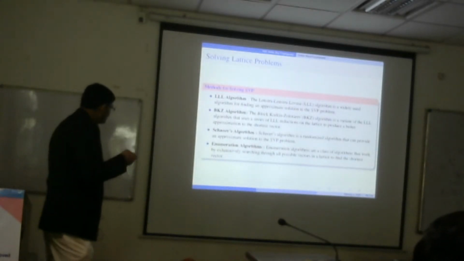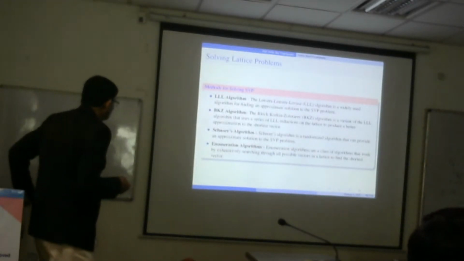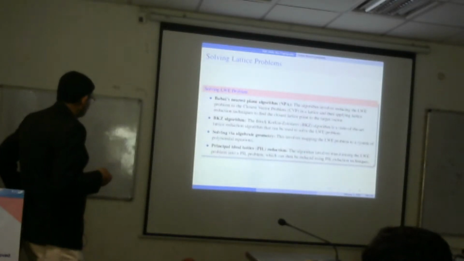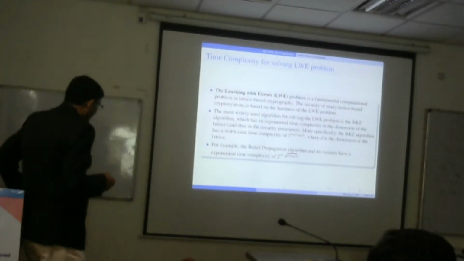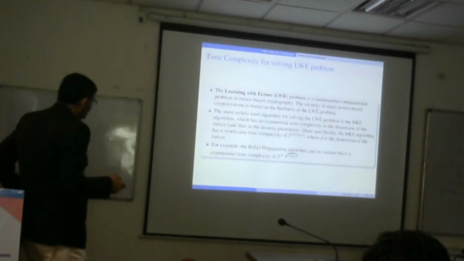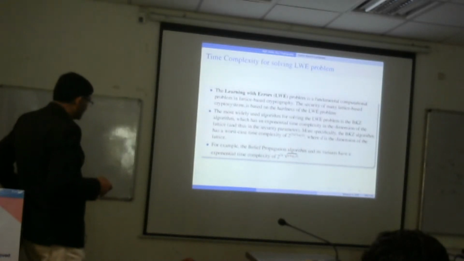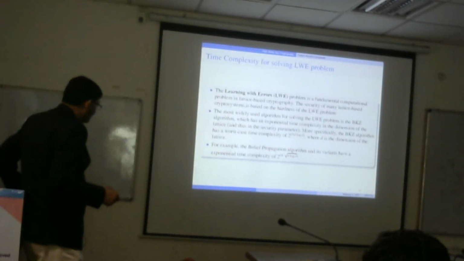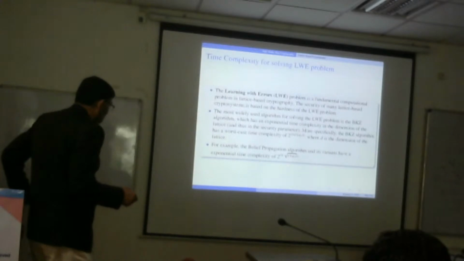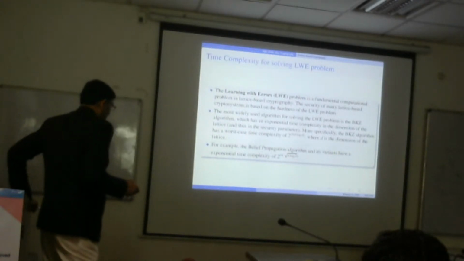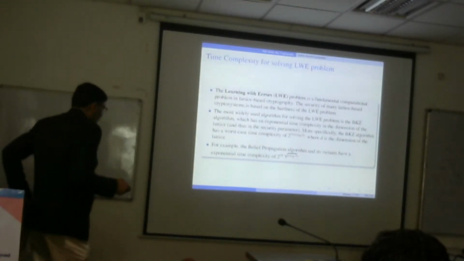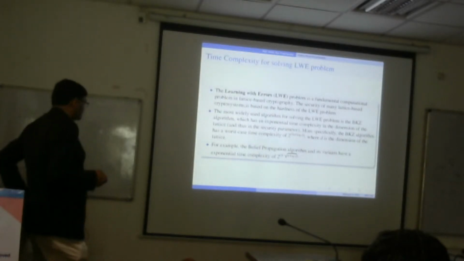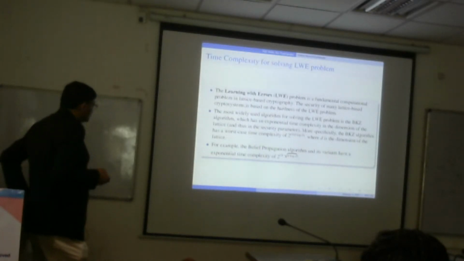Suppose the dimension of this lattice is D, then the complexity of the best known algorithm is exponential, 2 to the power order of D, or 2 to the power order of square root of D log D. This is the best known algorithm, and it is exponential.